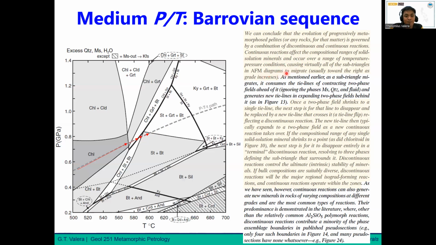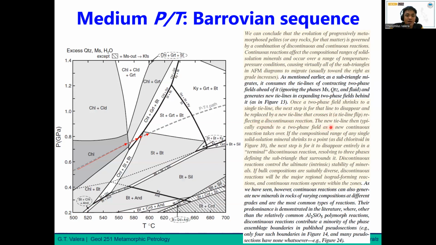So sa AFM, again, yung continuous reaction is just migration of the fields, of the tie lines, okay? Once a two-phase field shrinks to a single tie line, the next step is for that line to completely disappear and be replaced by a new tie line that crosses it, tie line flip, reflecting a discontinuous reaction.